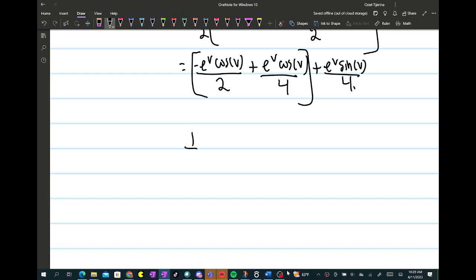So if I do that, I get 1/2 times negative e to the v cosine of v, and then plus 1/2 e to the v cosine of v.